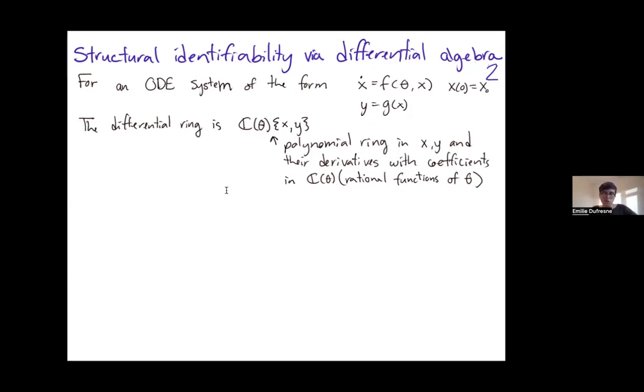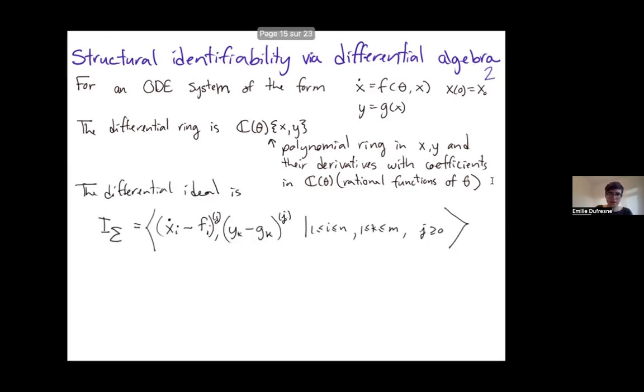Then the differential ring in this case will be C(theta)[x, y], the polynomial ring in x and y and their derivatives with coefficients in the rational functions of theta. And then the differential ideal is the one generated by these two things and their derivatives: x dot minus f of theta and x, each component of it, and each component of y minus g of x.